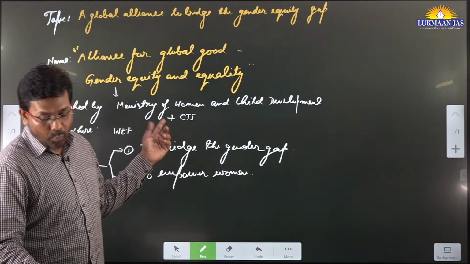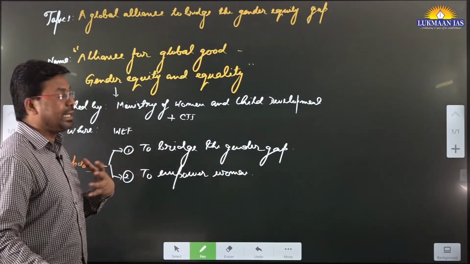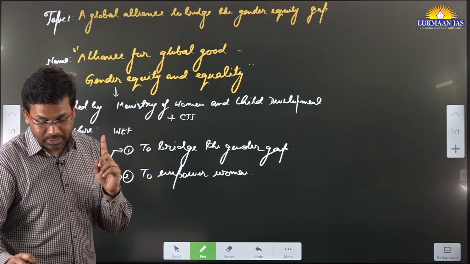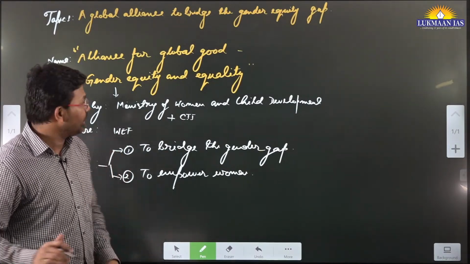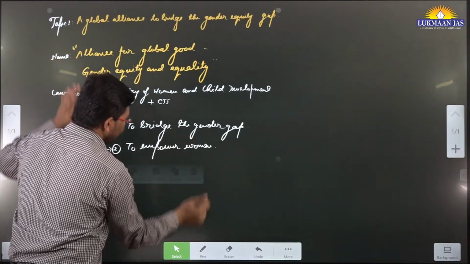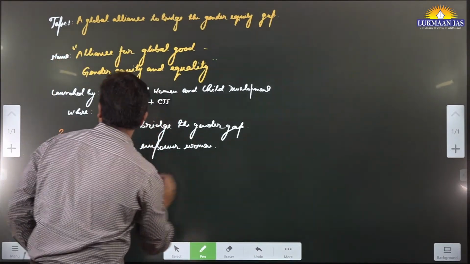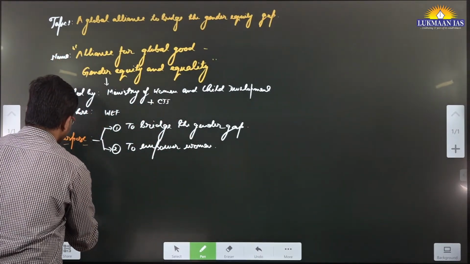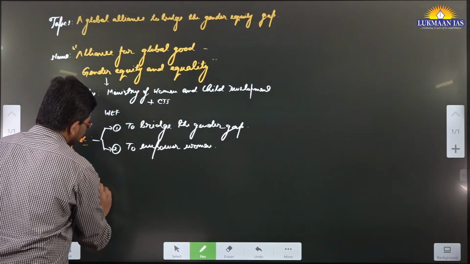India truly represents this particular thing, which is that we have a commitment. What commitment? Vasudhaiva Kutumbakam. So let us discuss this commitment as well.